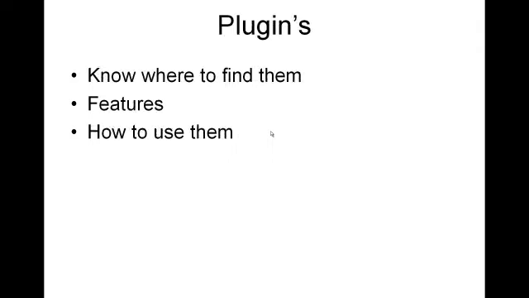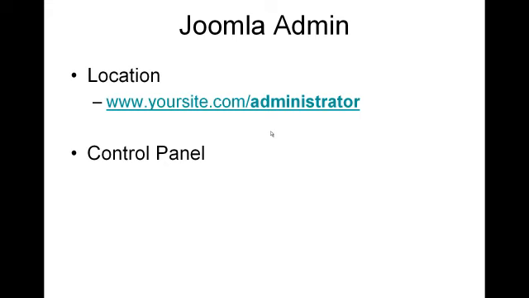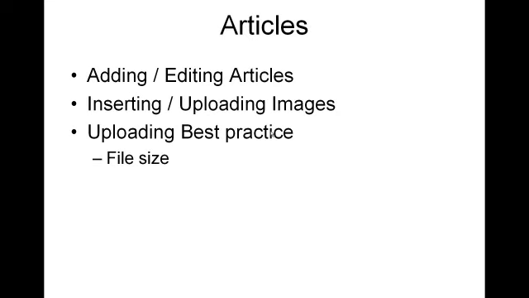So just to summarize, we've gone through understanding the setup of Joomla and how to get into your administrator area, the control panel, sections, categories, articles, and menus. We've then looked at articles in particular with adding images and uploading images. Also best practice, keeping your images to around about 600 pixels in width unless you need them bigger.